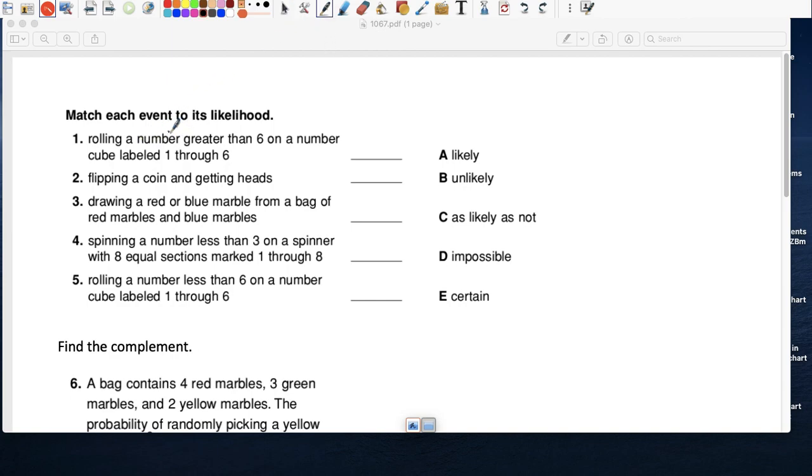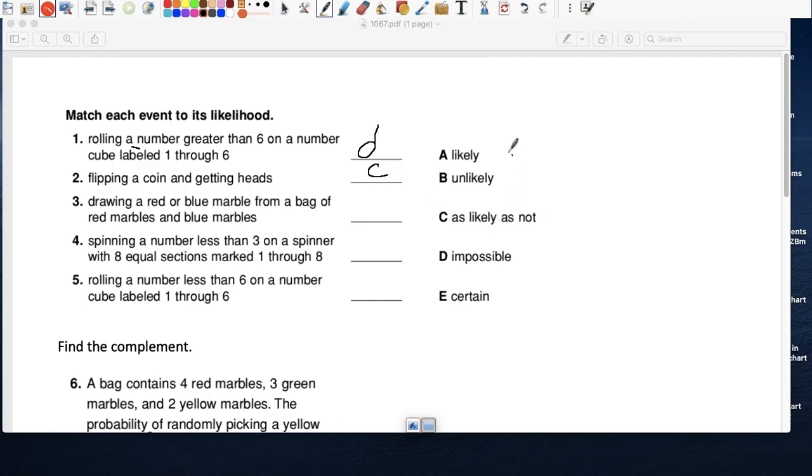What's the probability of rolling a number greater than 6 on a number cube? Okay, a number cube also is called a die. So what's the probability of rolling a number greater than 6? Impossible. It's impossible. Flipping a coin and getting heads. So if you throw a coin in the air, getting heads is 50%. So that would be C, right?